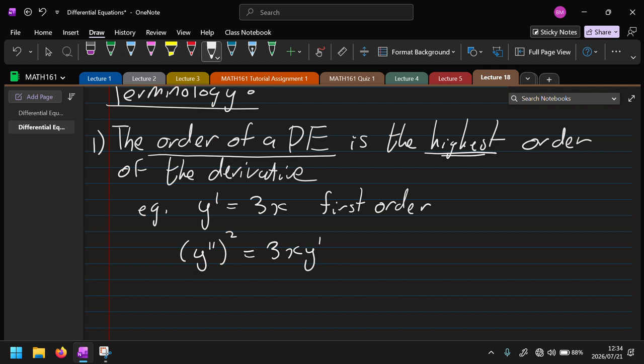Y double prime is the highest, so we call this a second order. Okay. Whatever the highest is, that's what we use. If we had something with y triple prime, then that would be third order. 4 derivatives, that makes it fourth order, and so on. Yeah, again, whatever the highest one is.